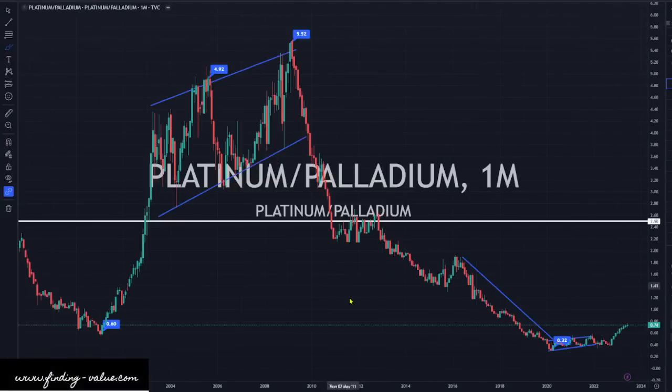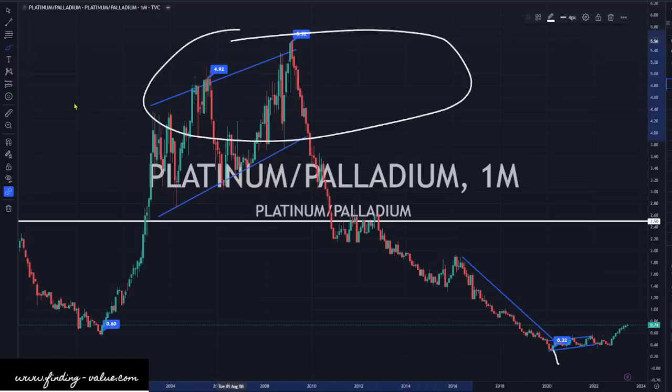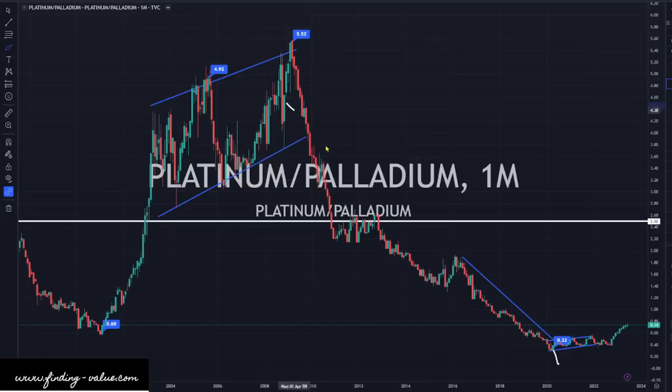Platinum versus palladium, it has made some progress. I actually swapped my metal that month right there. I think it was 0.35. It's now at 0.74. So I've doubled my ounces of palladium already, because I was a palladium holder from back in this region up there, held it all the way down here and swapped it right in April of 2020.